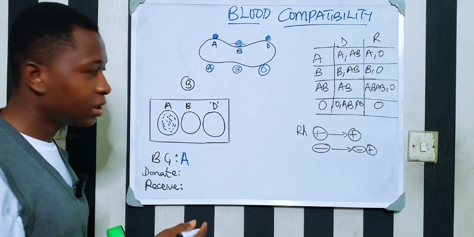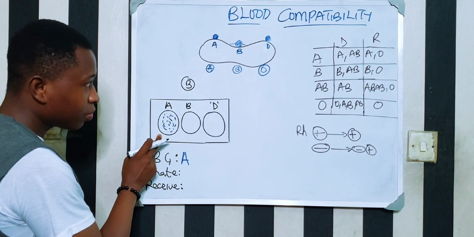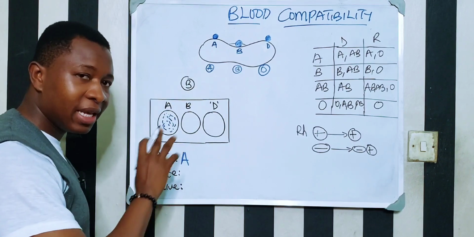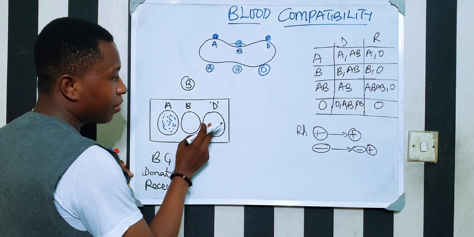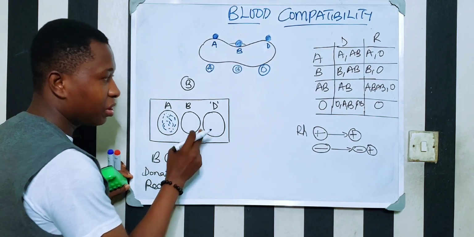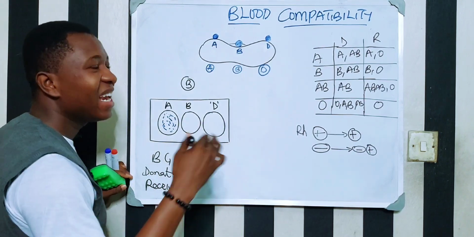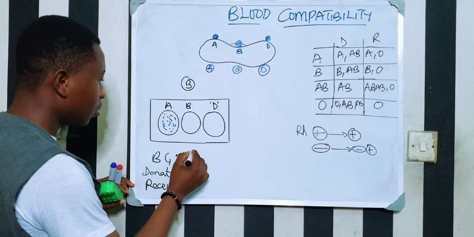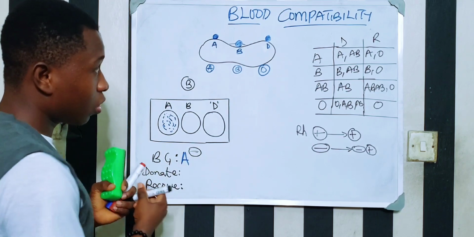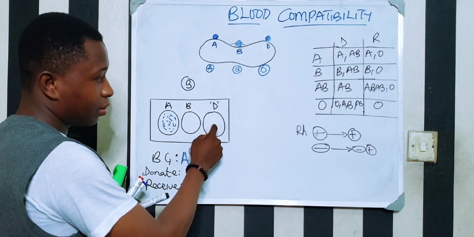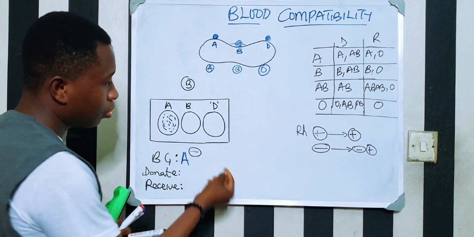Since it is blood group A, it will have the B antibodies in the plasma, all right? And since there is no agglutination here, there is no clotting here, that means this person is negative. So it is A negative blood, because this particular antibody did not react to the blood.